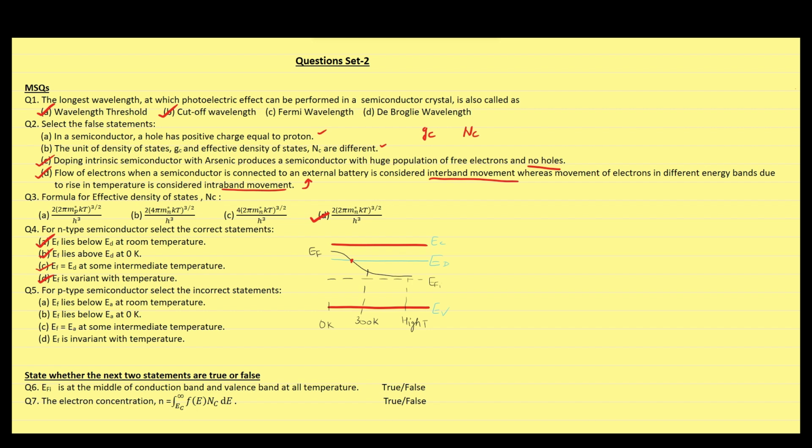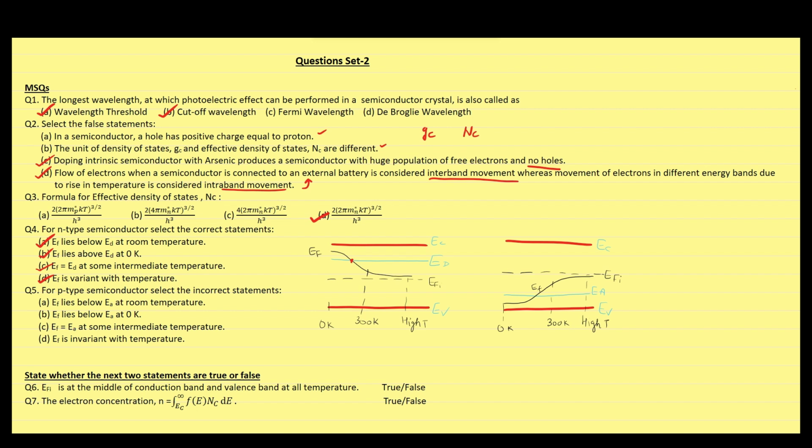For the p-type semiconductor also, we have drawn the Fermi level diagram which looks like this. Dotted line is representing intrinsic Fermi energy level, whereas this solid black line is representing the Fermi energy level of p-type semiconductor.